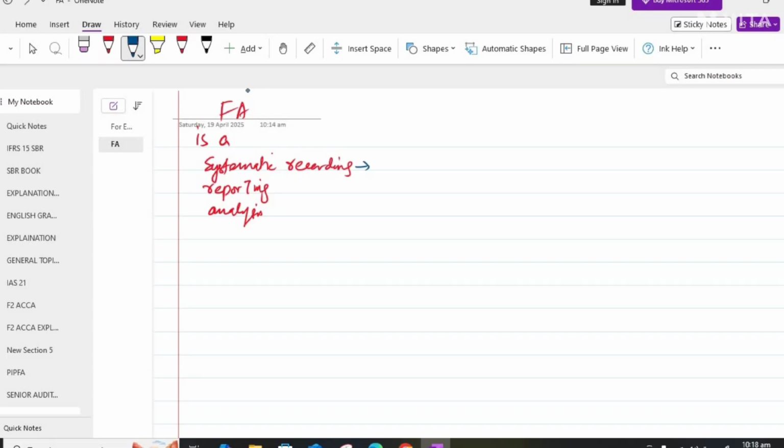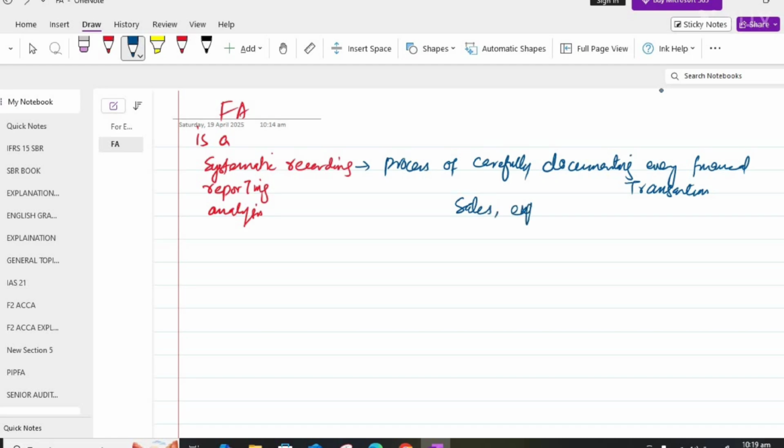So systematic recording is actually the process of carefully documenting every financial transaction. This means that if you have sales or expenses, then they should be recorded in an organized way.